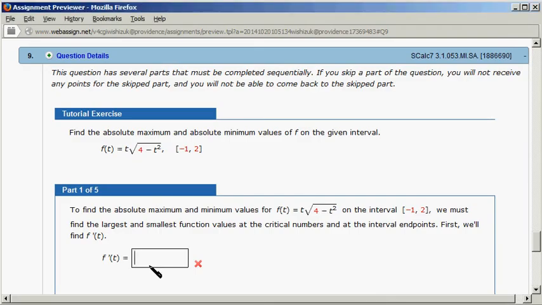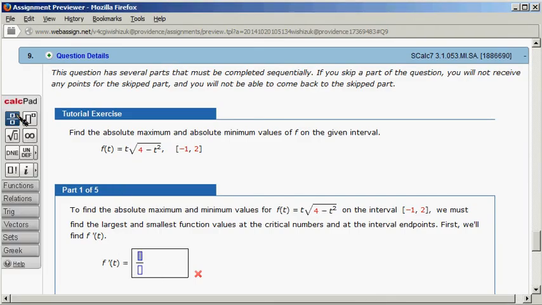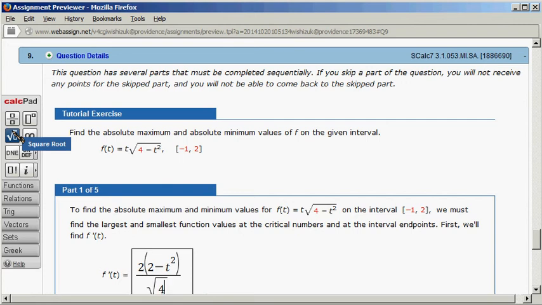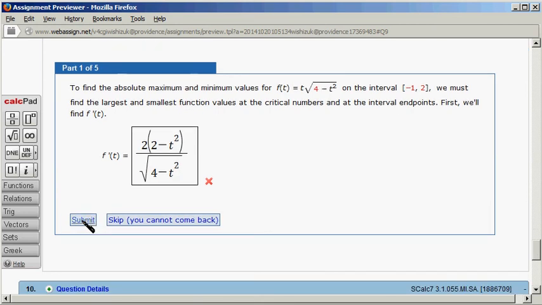Let's type it in. What we got was a fraction, 2 minus t squared on top, and on the bottom we have the square root of 4 minus t squared. Let's submit.